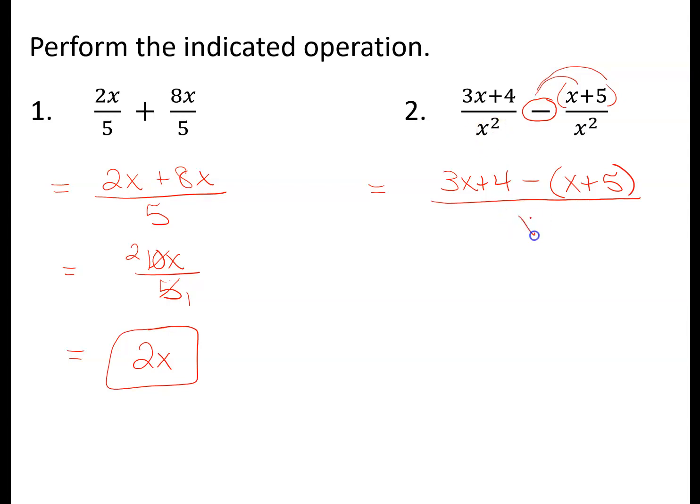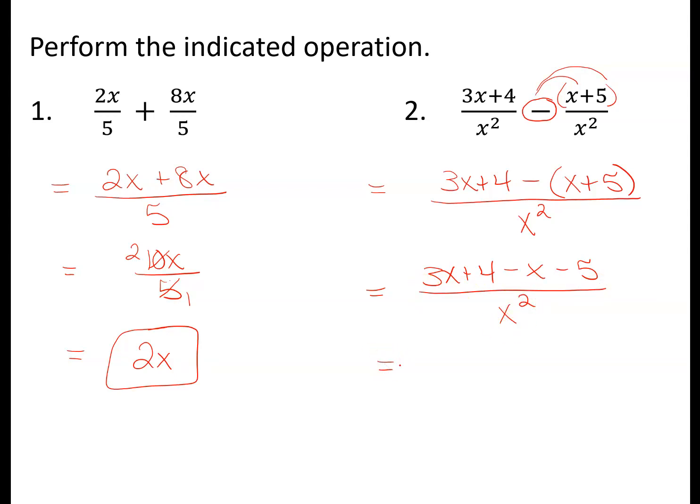Okay, so let's keep our same denominator. So now we're going to distribute that minus. It'll be a negative x and a negative 5. And you could have done that on this step if you want to go ahead and distribute without writing out the parentheses. Okay, still have our common denominator.